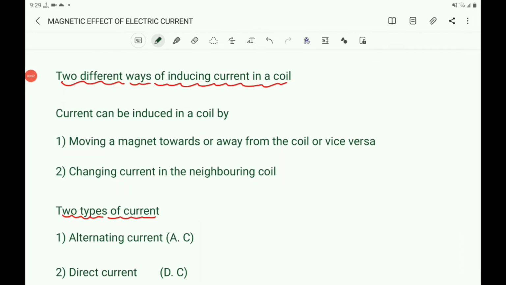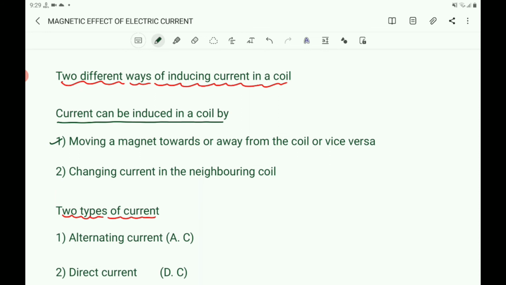Children, now you write two different ways of inducing current in a coil. Two different ways of inducing a current in a coil are moving a magnet towards or away from the coil or vice versa, and changing current in the neighboring coil.